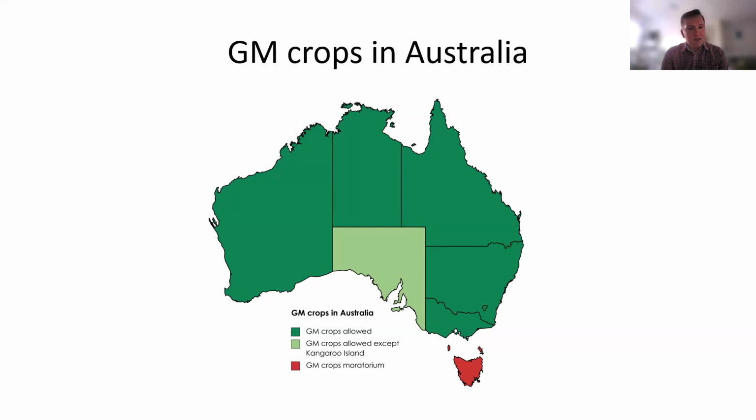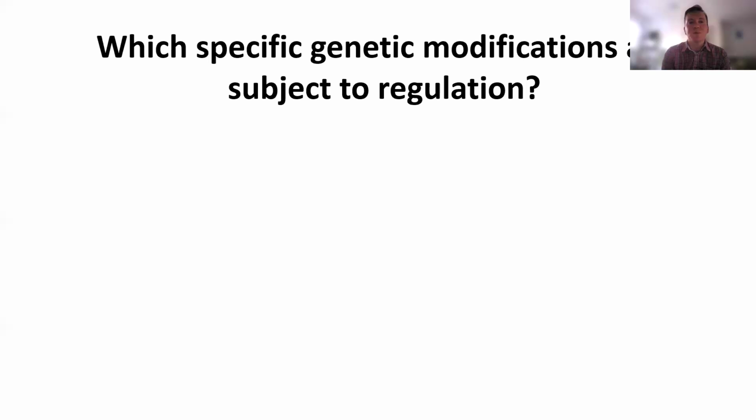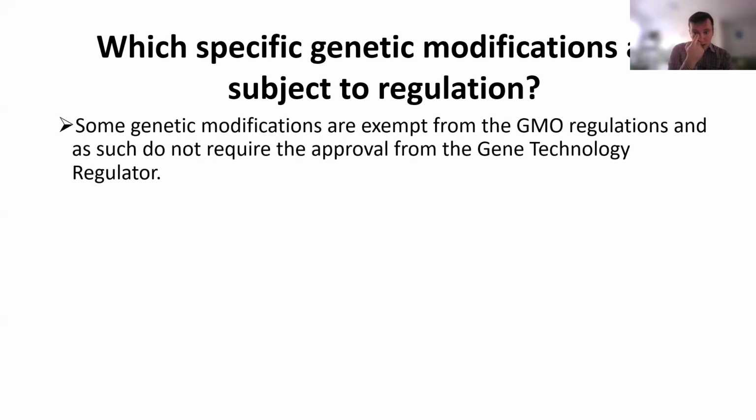South Australia allowed GM crops, but there's an exception, as you can see, related to Kangaroo Island. You can't do this on Kangaroo Island, probably, I guess, because of its significance for tourism. There are different genetic modifications subject to regulation, and some of them are exempt. So you don't have to get a licence from the Gene Technology Regulator for any GMO.